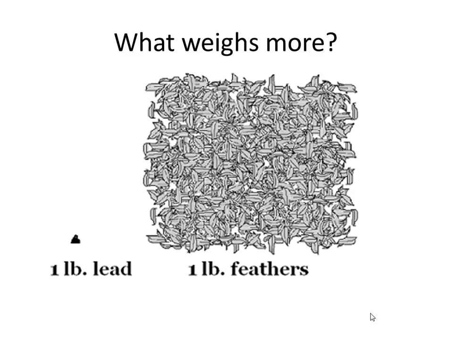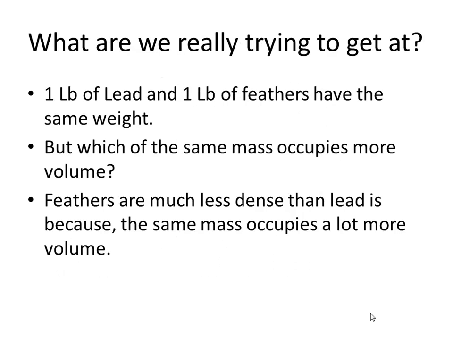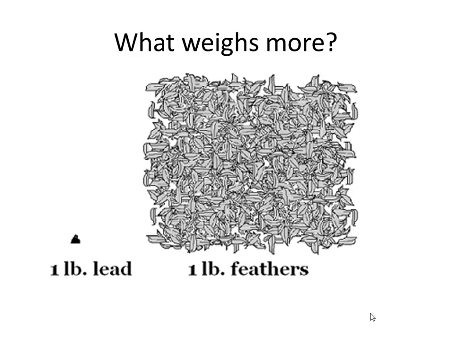Both of these weigh the same thing. You can have as many feathers as a pound. You can have a pound of styrofoam or packing peanuts, right? So they have the same weight. But think about mass and volume. Which of the same mass occupies more volume? Which one occupies more space?